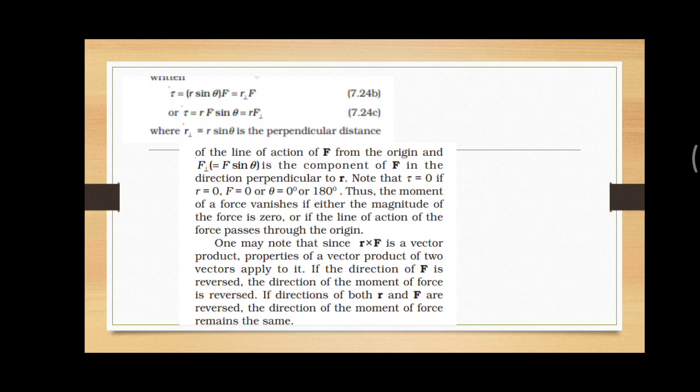And as well if you are applying a force and the angle between the position vector and the force applied is 0, that means the force is acting as a purely linear force. There is no chance of rotation. So in such cases the torque value, the moment of force value, will become 0.